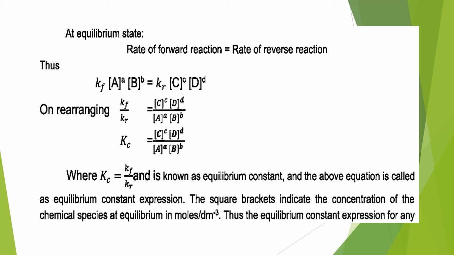This Kc is known as the equilibrium constant, and this equation is called the equilibrium constant expression. These square brackets indicate the concentration of the reactants and products at the equilibrium state, and these concentration units are moles per decimeter cube.